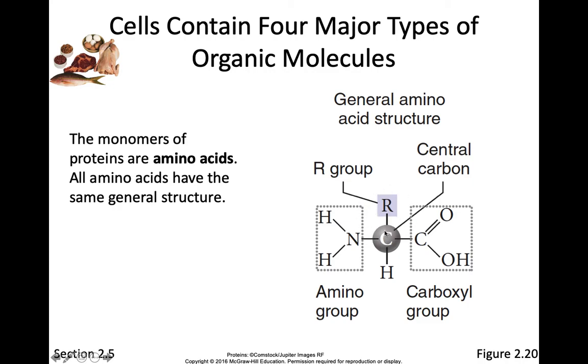This is like saying car with four wheels, car with an engine, minivan, Chevrolet, sports car. Whatever's over here makes the car unique and not just a generic vehicle. So these two parts here make it an amino acid. Whatever's over here makes it a different type of amino acid than its other type of amino acid.